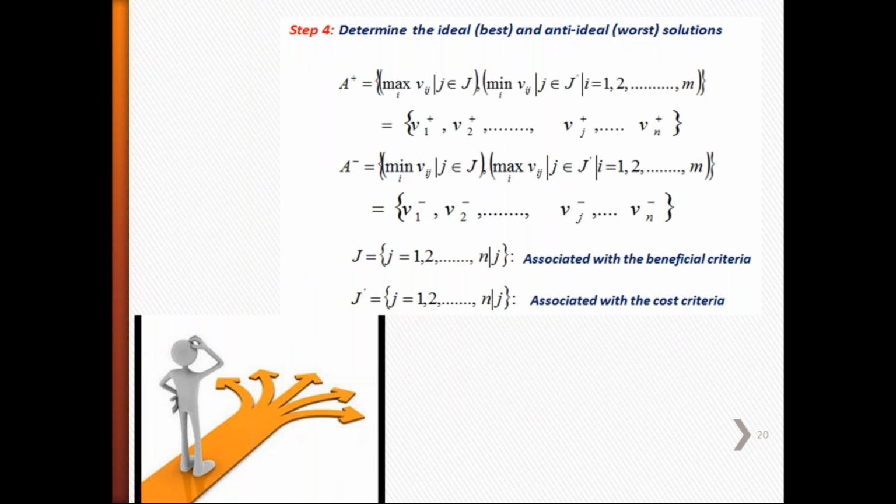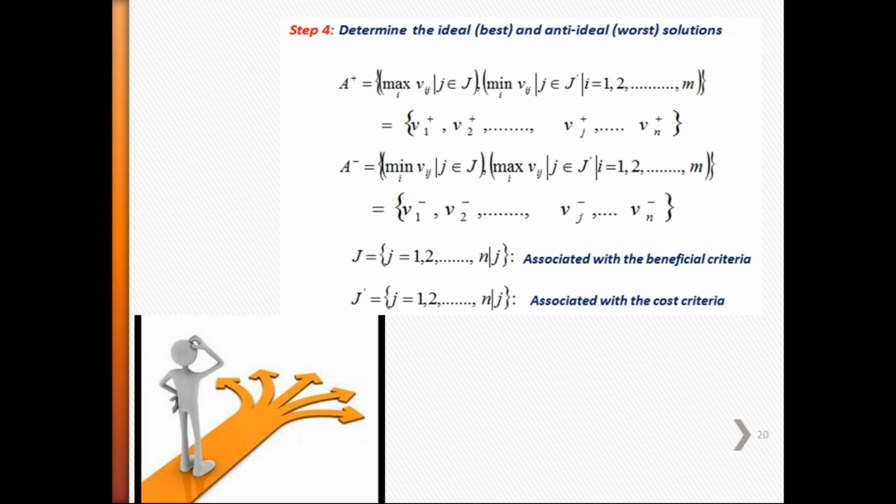Then we have to determine the best solution and the worst solution. The best solution is nothing but the ideal solution or ideal alternative, and the worst solution is called the anti-ideal solution or anti-ideal alternative. The notation is A plus, that is the ideal alternative, A minus, that is the anti-ideal alternative.